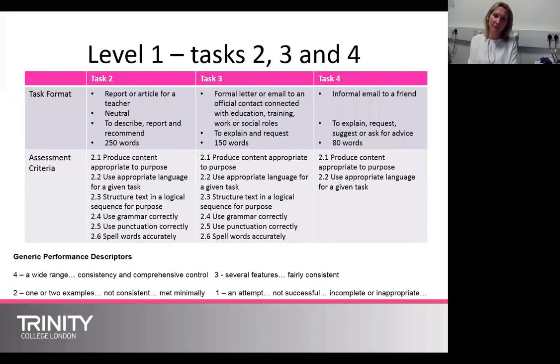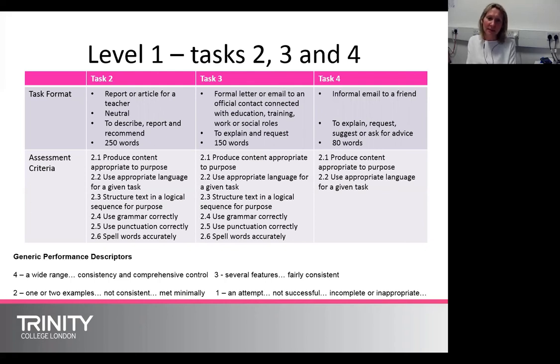The three remaining tasks are report or article, formal letter or email, and informal email to a friend. The assessment criteria for task 2 and task 3 are the same, but the task is different. So remember, when you're looking at amplification, you need to adapt that to the context of the task.